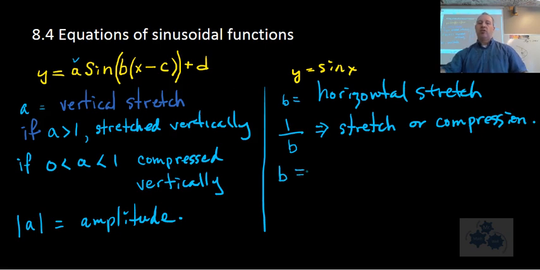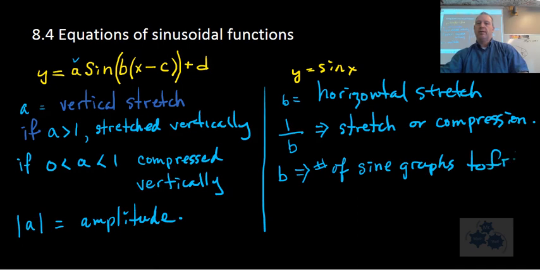Another way to think of b, so these are all different ways to understand b: this is also the number of sine graphs to fit inside 2 pi.